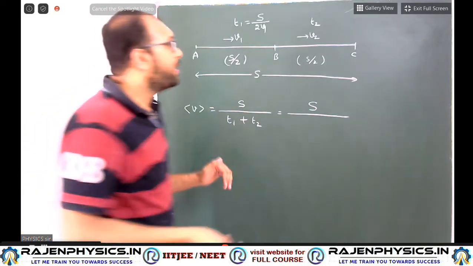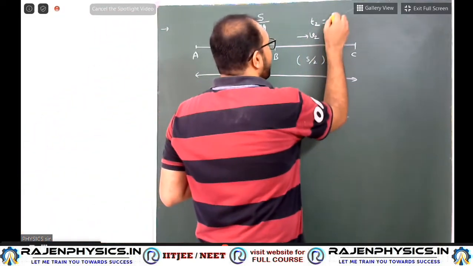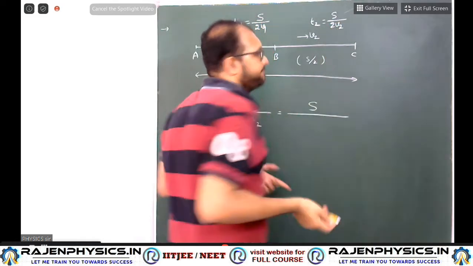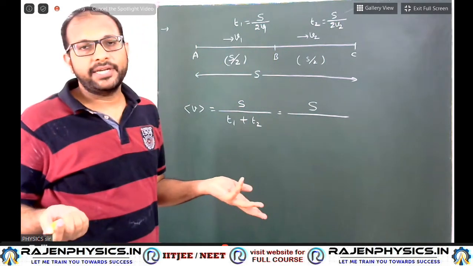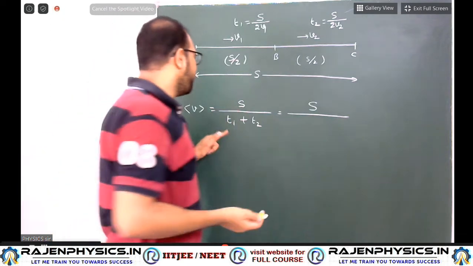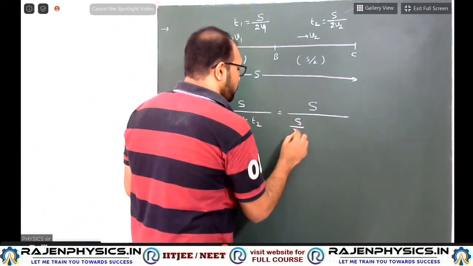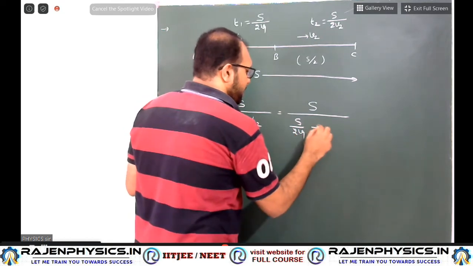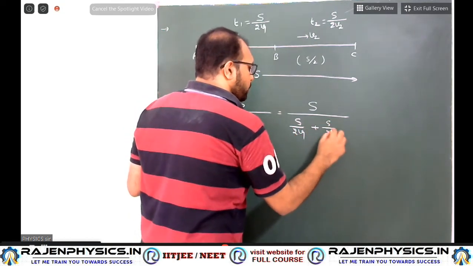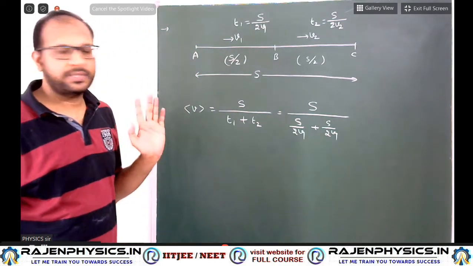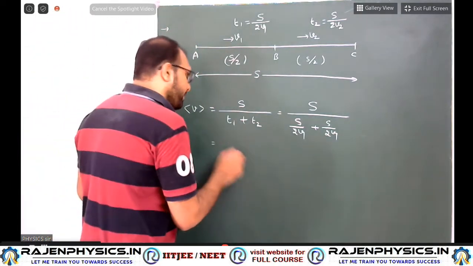Right? What is this time? S divided by 2v2. So time t1, t2 over. So S divided by t1 plus t2, that is S divided by S by 2v1 plus S by 2v2. Now S cancels out.